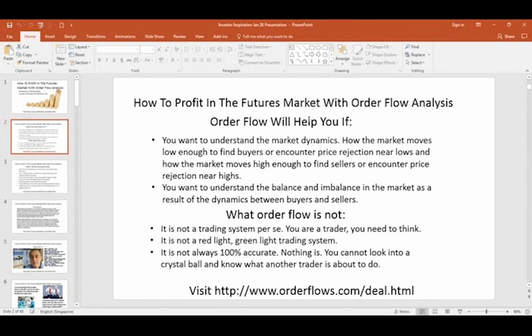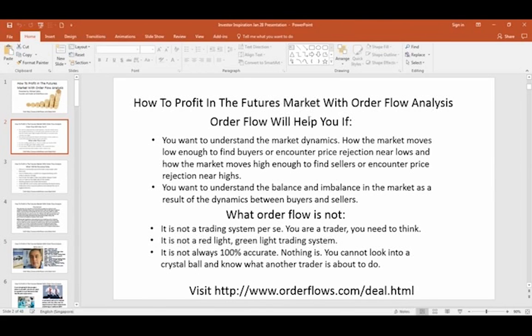And it's not 100% accurate. Nothing is in the market. People that will have you believe that every trade is going to be a winner, and it's going to be happy days, is selling you something that is going to disappoint you. And you can't look into a crystal ball and know what another trader is going to do.